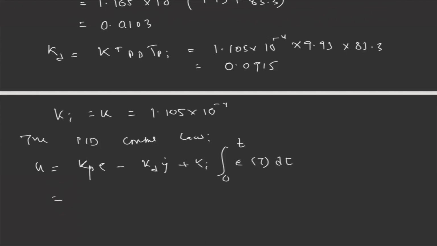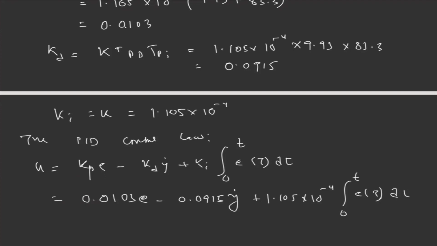That is 0.0103 e, plus 0.0915 y dot, plus 1.105 into 10 to the power minus 4 times the integral from 0 to t of e(tau) d tau.